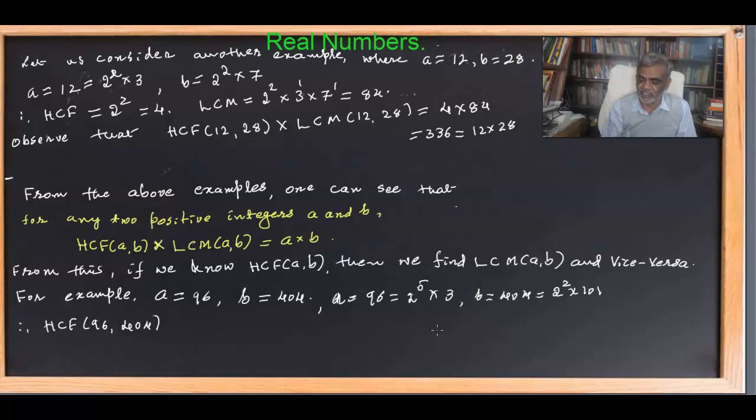The least power is here 2 raised to 2, and 3 is not there, and 101 is not here in 96, and therefore this is going to be 2 raised to 2, that is 4.